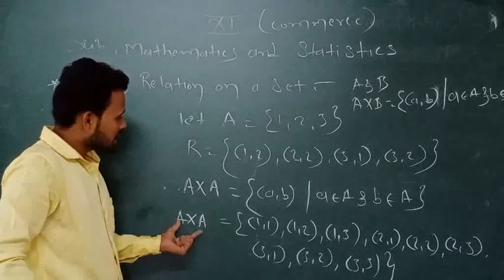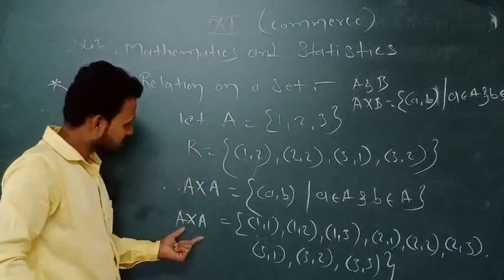Now here we observe, is R a subset of A cross A? Obviously R is a subset of A cross A. Why?